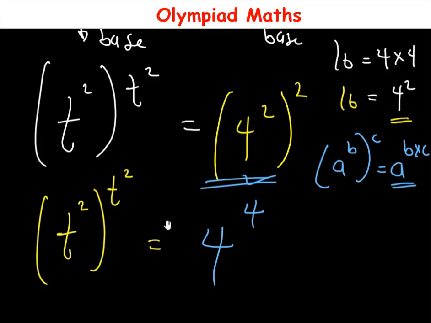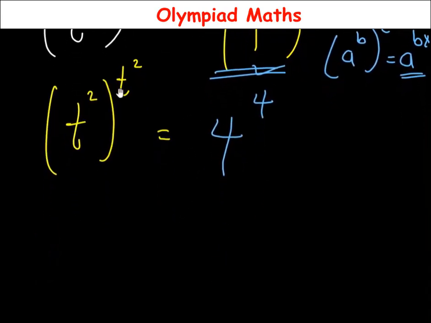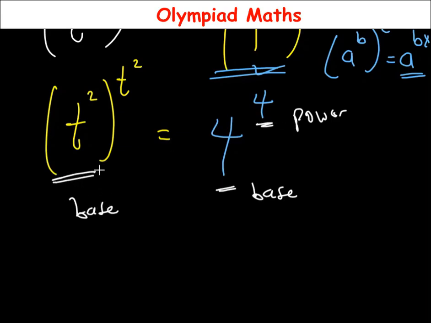Now if you look closely, we have achieved our goal. We have made the base right here to equal the power also. See that the base is 4 and the power is 4. Same thing here also, the base is t raised to power 2 and the power is t raised to power 2.